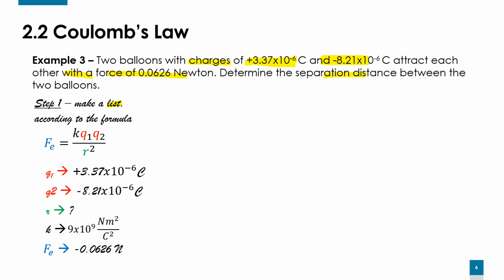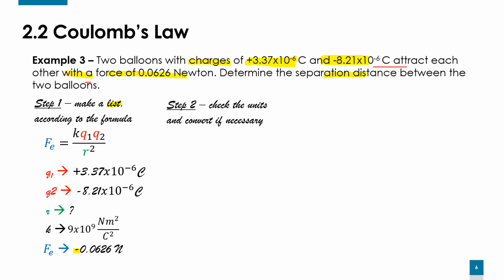Now, I ask you, why is it negative here? Why did I put a negative here? Because by convention, if it's a force of attraction, I put the force as negative. So this is just convention. Okay, now what's step 2? Step 2, check the units.